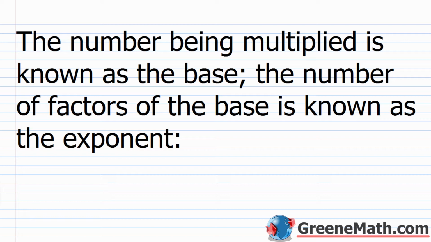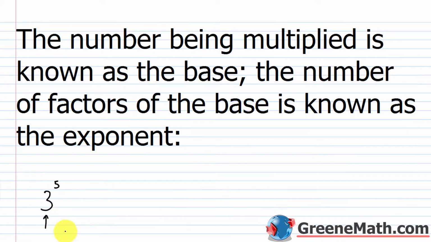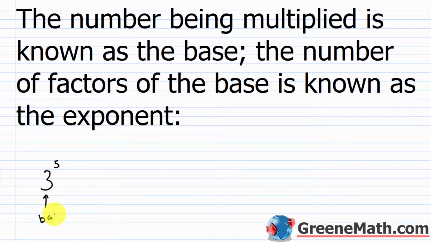So, for example, let's say we had something like 3 to the 5th power. 3, the bigger number, is known as the base. This, again, is the number that's going to be multiplied by itself. Then this little guy up here, this 5, is known as the exponent.